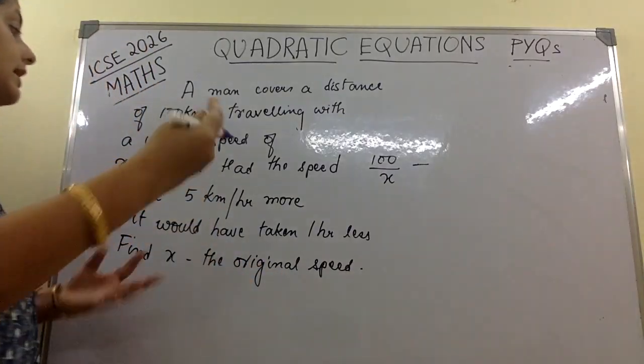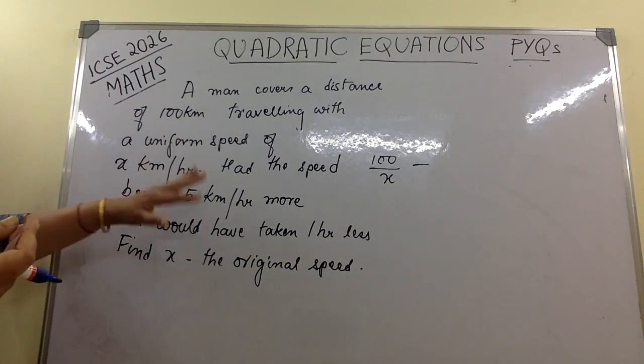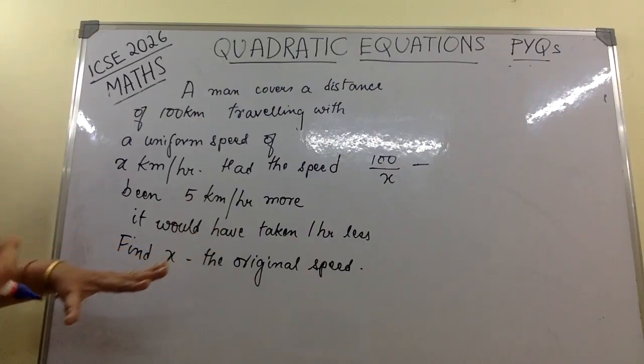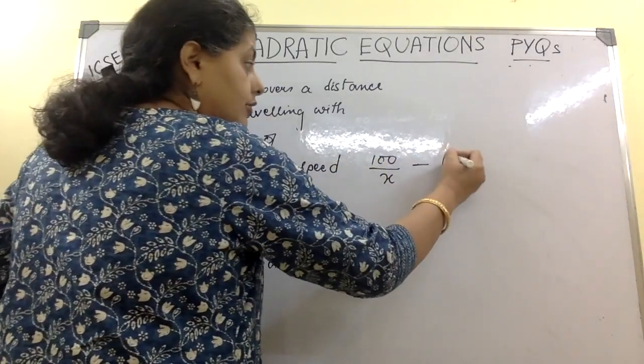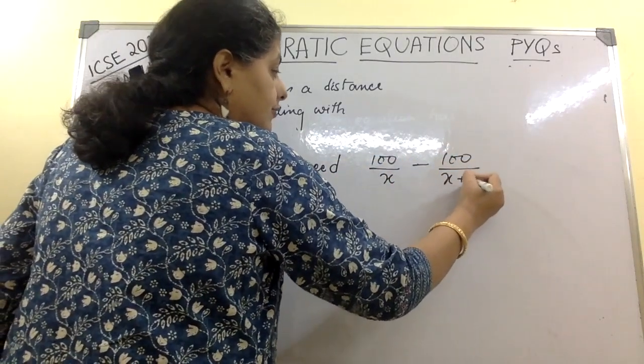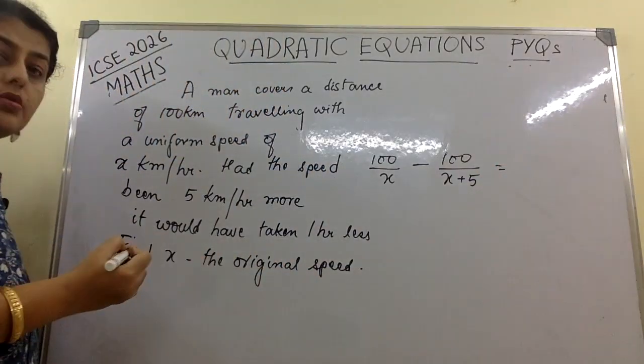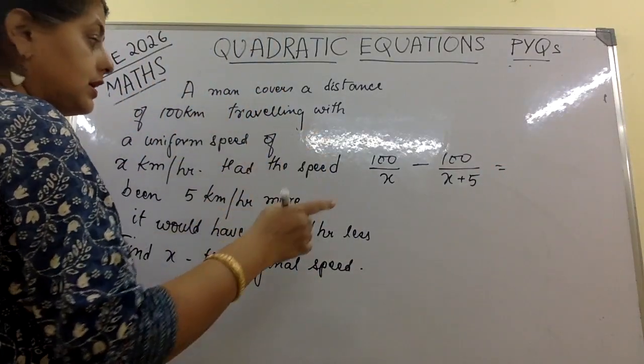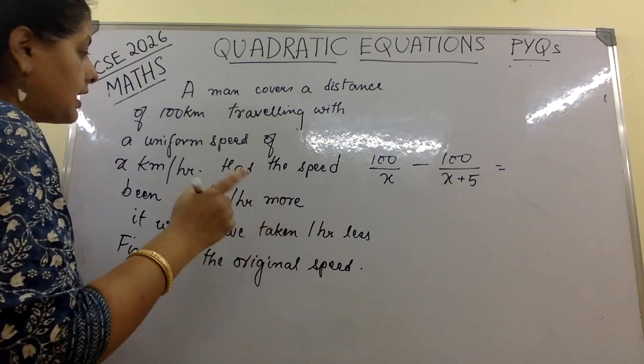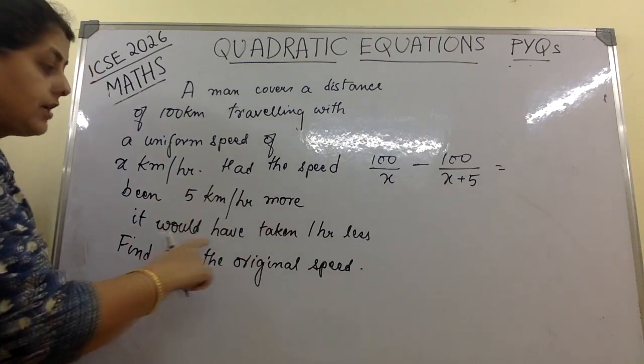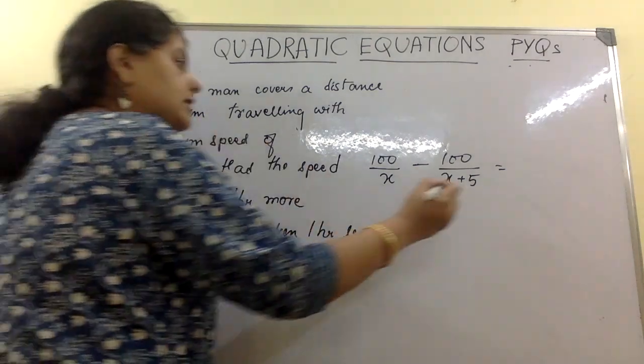Now what is the second time? Had the speed been 5 kilometers per hour more, it means we have to add 5 to it. So 100 by x minus 100 by x plus 5, and that is equal to 1, since it would have taken 1 hour less. Now why did I subtract?